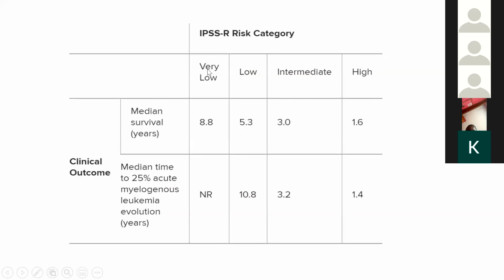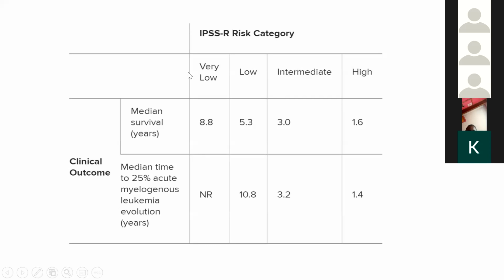Those with very low risk have a median survival of about 8.8 years, and their likelihood of transformation to acute myeloid leukemia is very low, or not recorded.